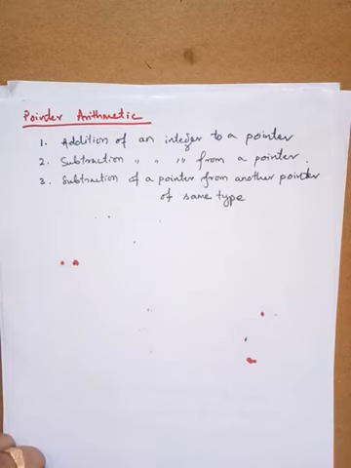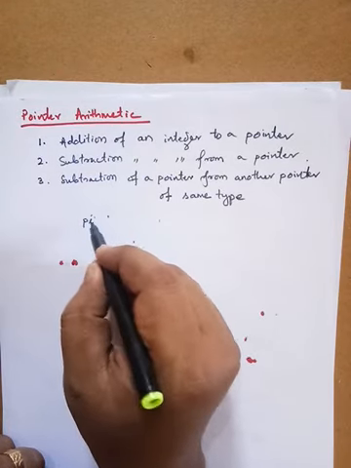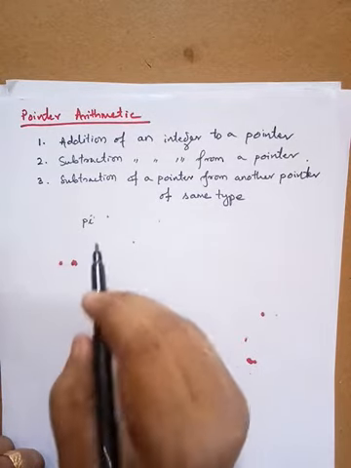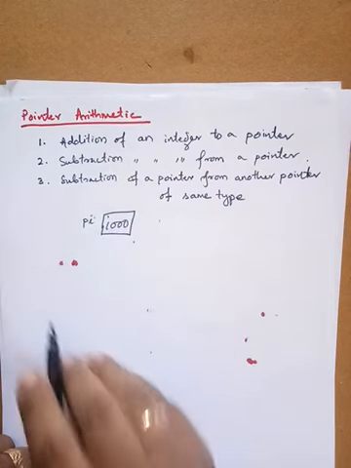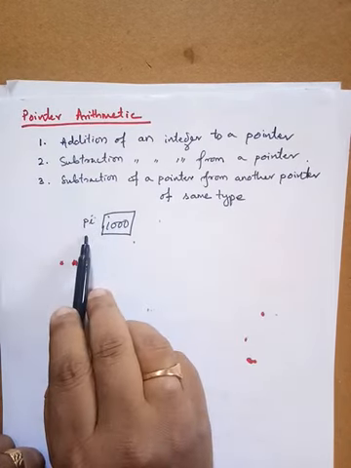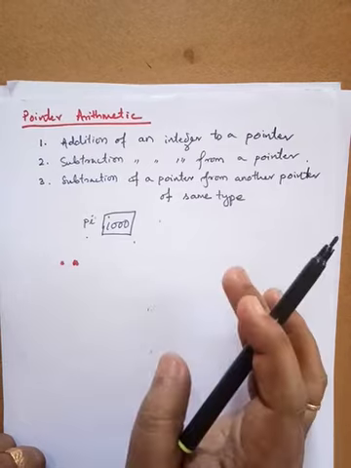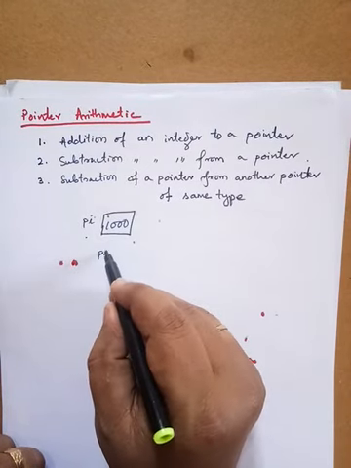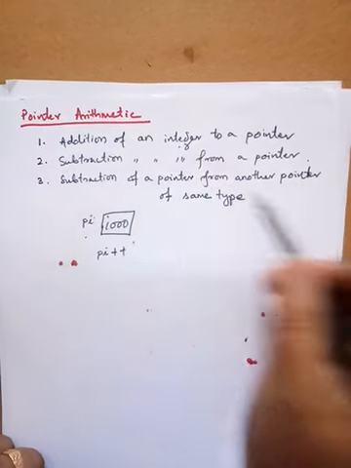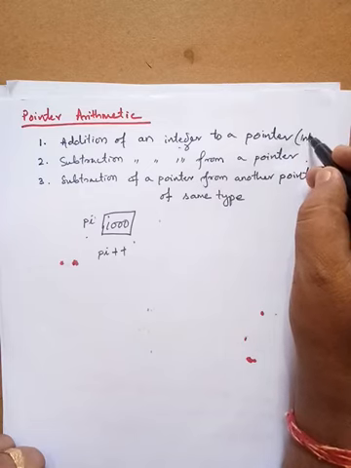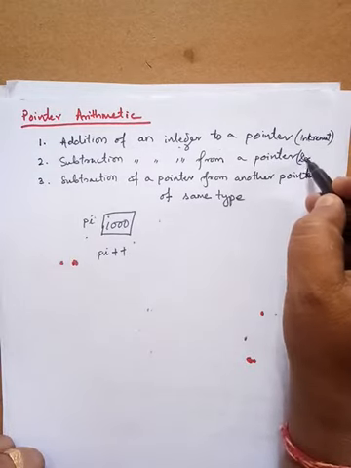For example, suppose we have an integer pointer pi, which contains the address 1000. The incrementing operation is pi plus plus. This is the same as addition of an integer to a pointer, the increment operation. This is the decrement operation.